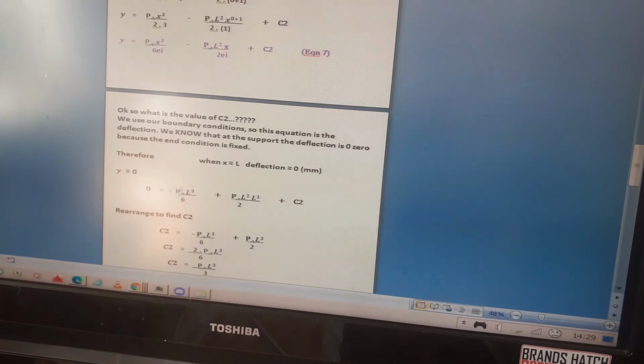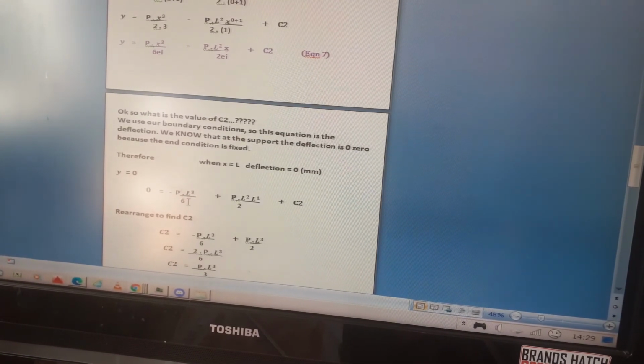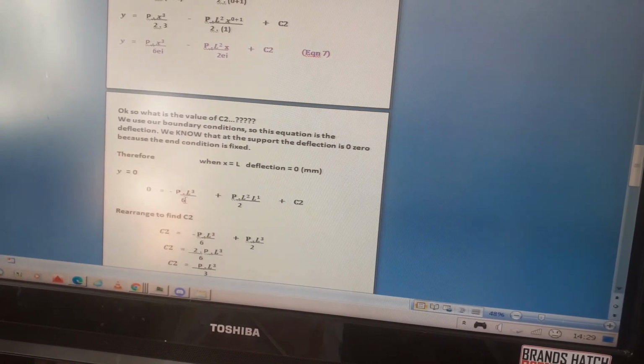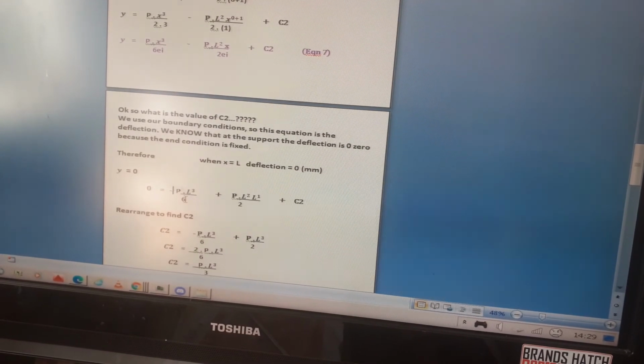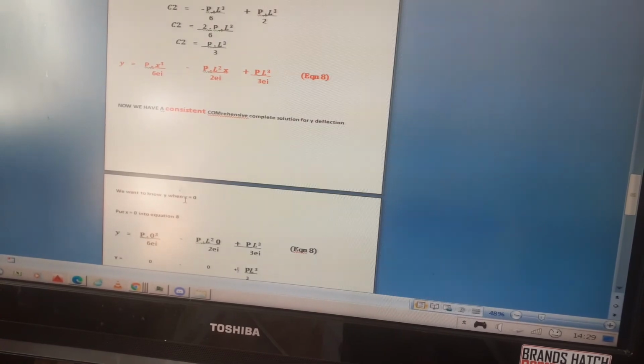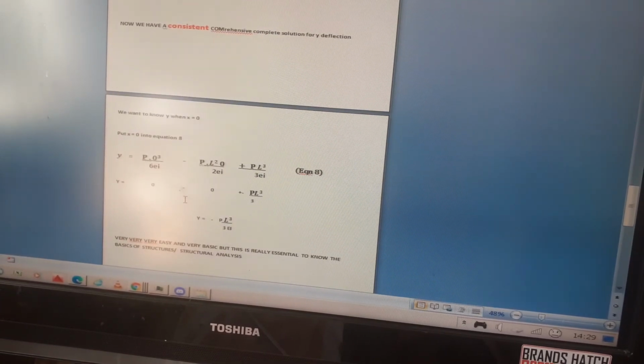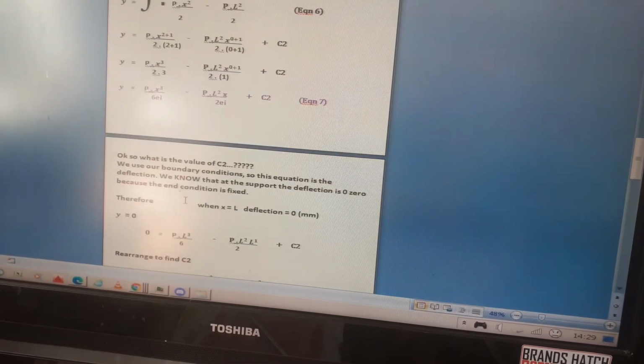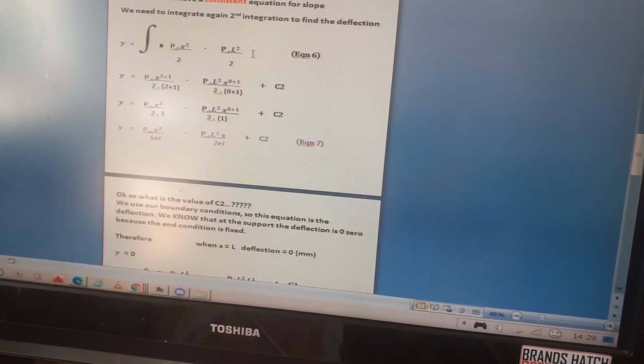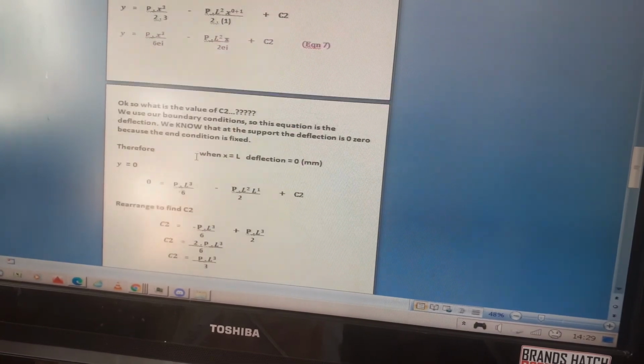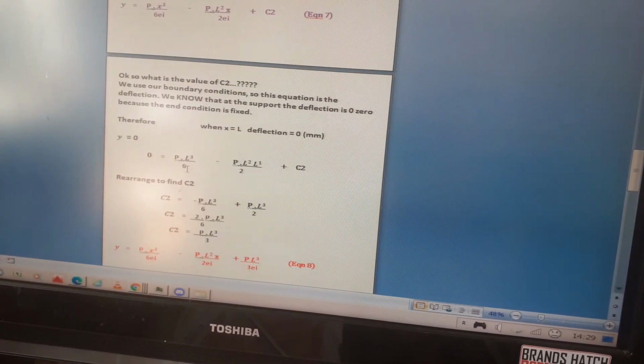So 0 equals PL cubed divided by 6 minus PL cubed divided by 2 plus C2.